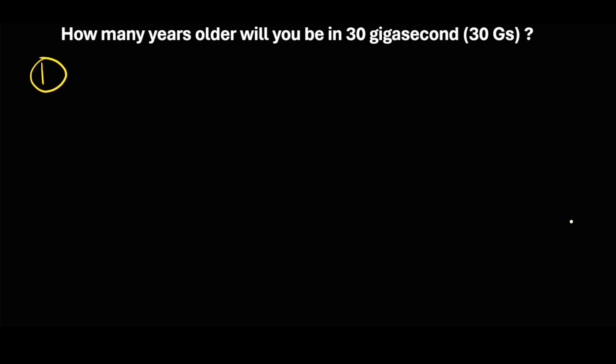Firstly, we'll solve for 1 gigasecond. Then we will see how many years, let's say x years, there are in a gigasecond.